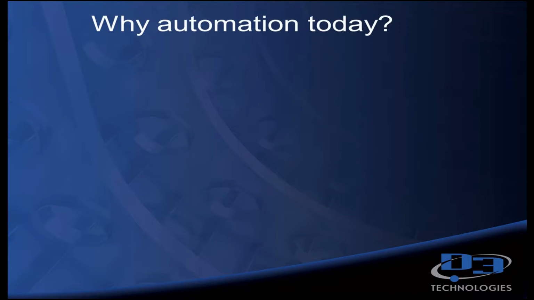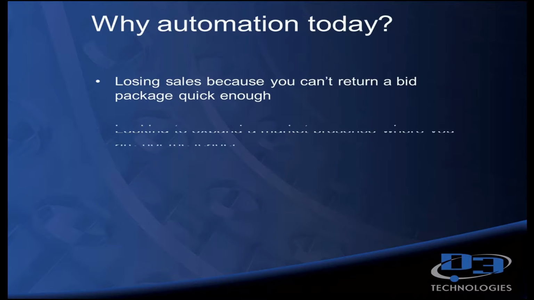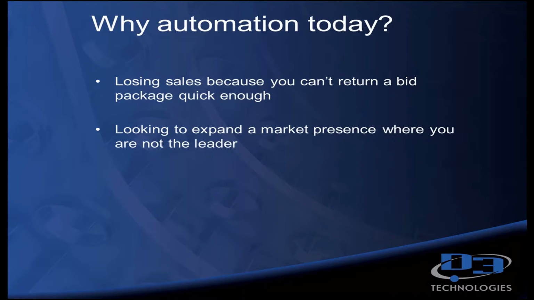So why would you choose to do automation today? Well, you probably are looking at things where you're losing projects because you can't bid quick enough. That's a very common thing. We have people coming to us. The other thing is they're trying to expand market presence. They're not the leader, so they're trying to take steps to become the leader or to compete for that market share.